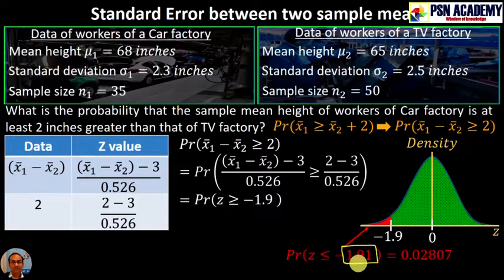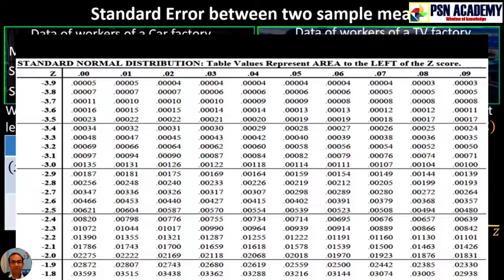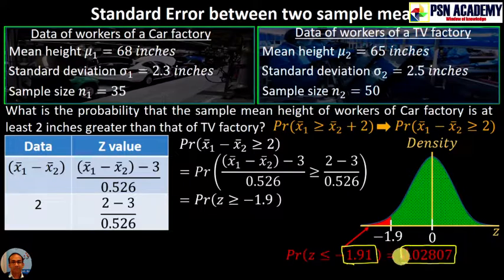So this is the point, one point on the left of 1.9. And if you consider the z table, you will find that the probability of z less than or equal to minus 1.91 is 0.02807. This is the figure that is printed in the table. So we go for 1 minus this red region, where 1 is the total probability.